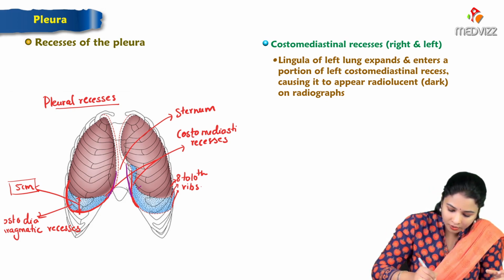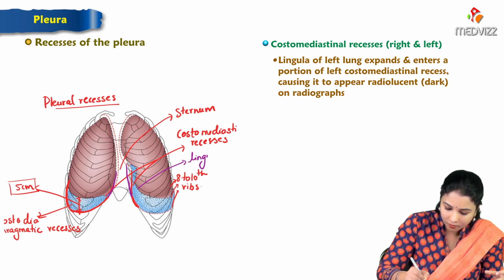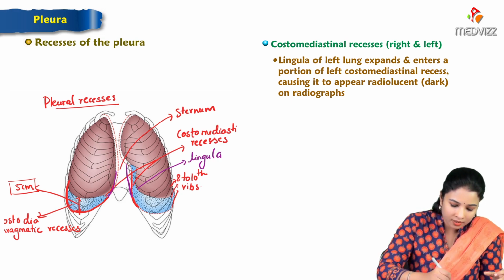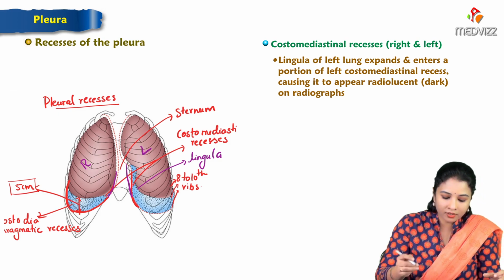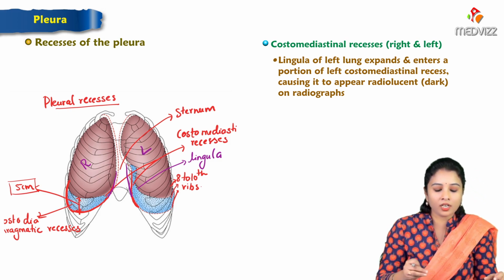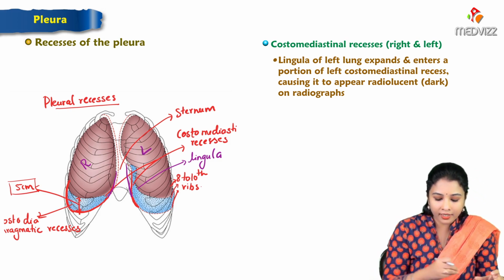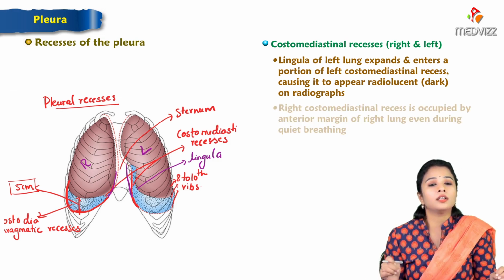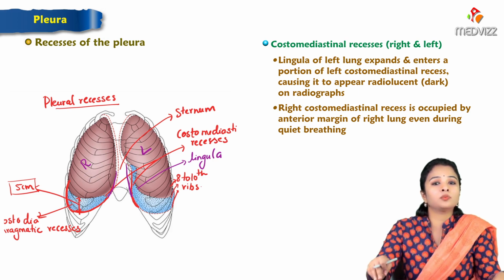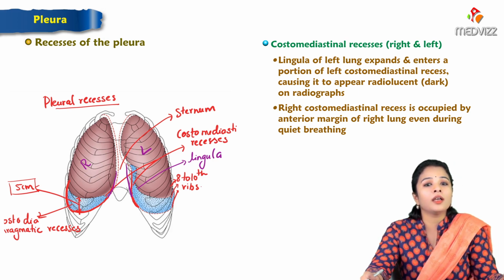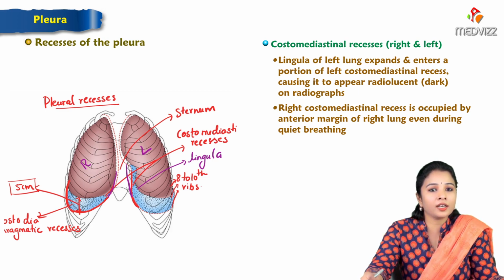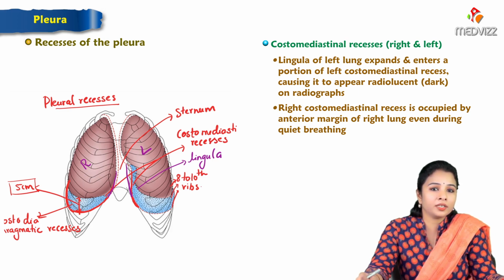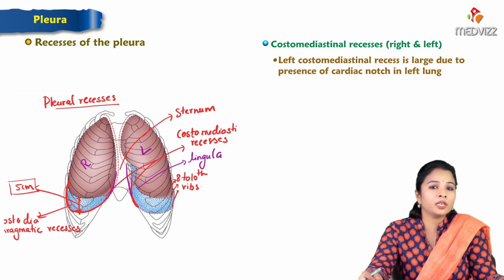So this is the lingula of the left lung; this is the right lung, this is the left lung. The right costomediastinal recess is possibly occupied by the anterior margin of the right lung even during quiet breathing. The left costomediastinal recess is large due to the presence of the cardiac notch in the left lung.